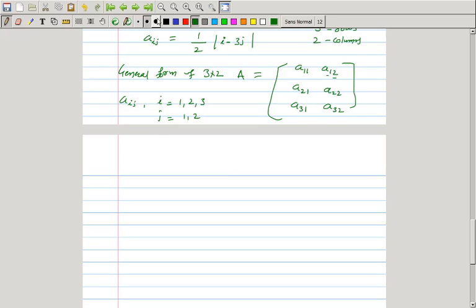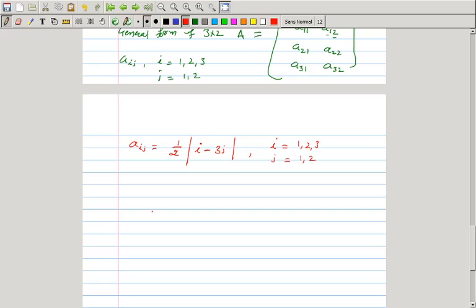Okay, so we have Aij equals half modulus of I minus 3j, where I can take values 1, 2, 3 and j can take values 1 and 2.